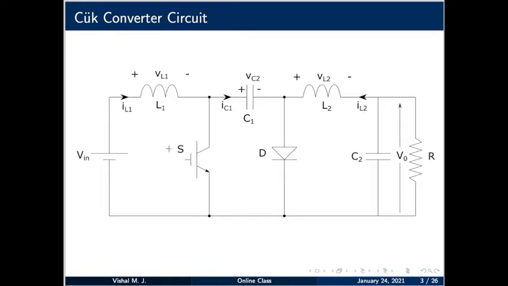So, when the switch is closed, the diode will be open, and when the switch is open, the diode will be closed. This assumption is based on the fact that the circuit is operating in continuous conduction mode, that is, the currents through the inductor L1 and through the inductor L2 are continuous. These inductors are large enough so that IL1 and IL2 are continuous.